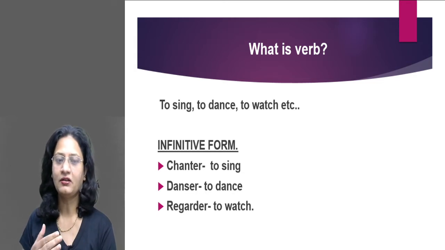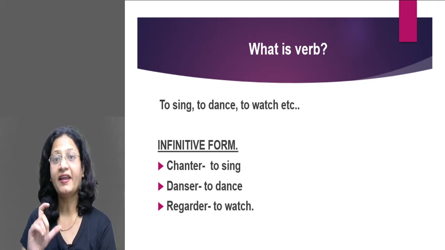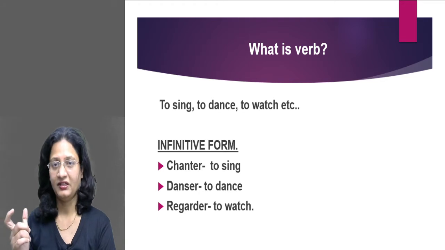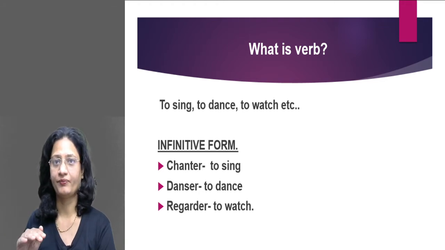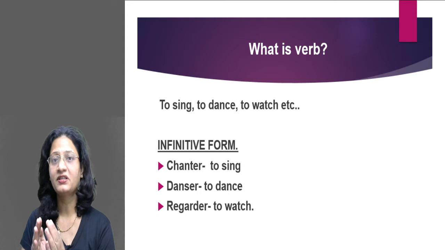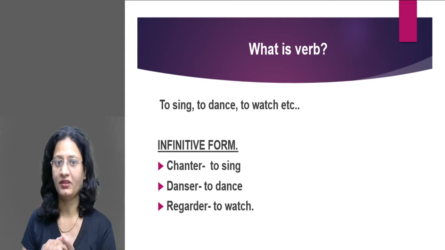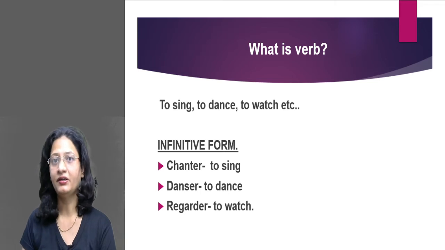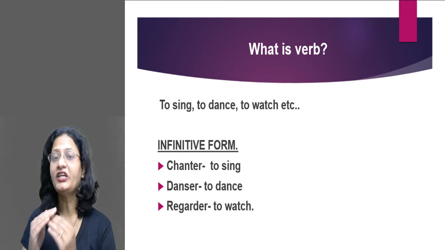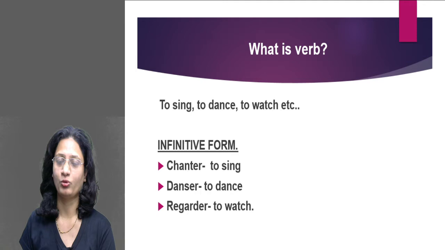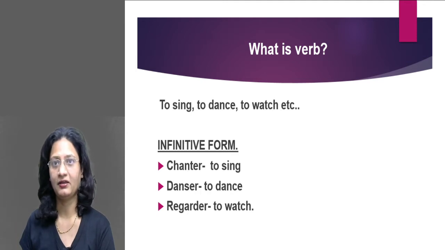You can see here the verbs chanter, danser, regarder. These are ending with ER. These are not yet conjugated. So the verb before we conjugate it is the infinitive form. In the last class we learned that in French we conjugate each verb with a subject pronoun: je, tu, il, elle.